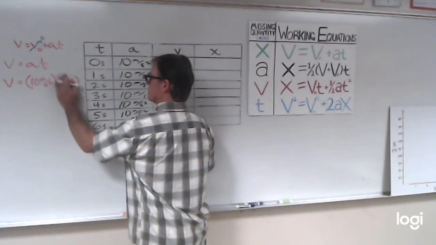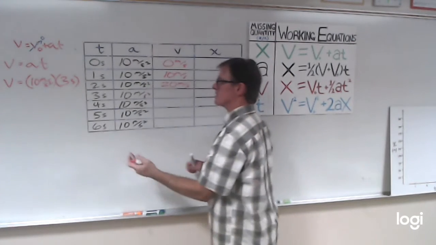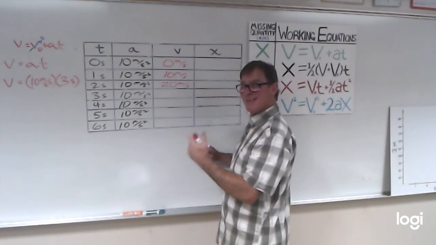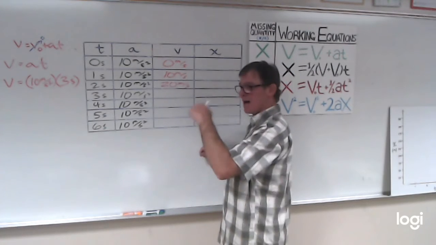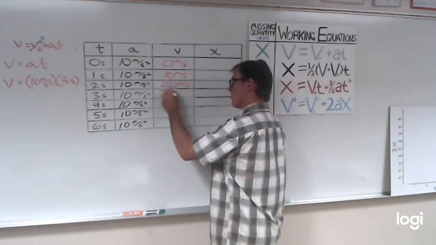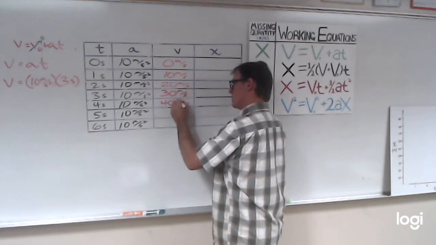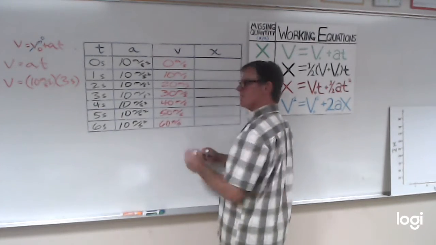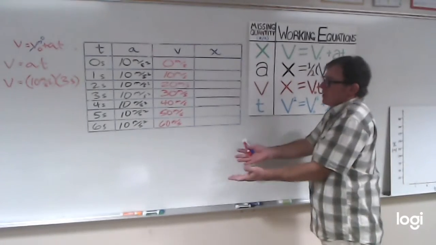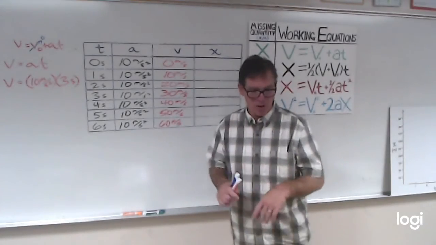At the end of 3 seconds, accelerating the whole time at 10 meters per second squared in the downward direction, we now are going 30, 3 times 10. So we have data that you could probably look at and see how it's going to graph, but we're going to do that too.